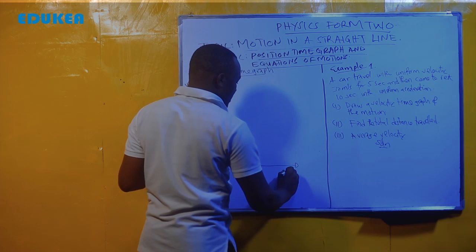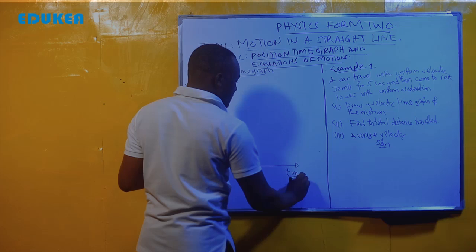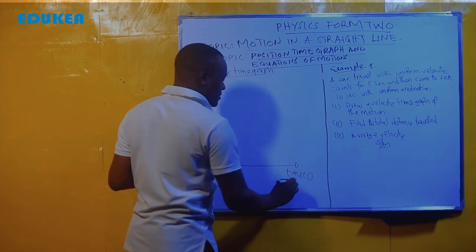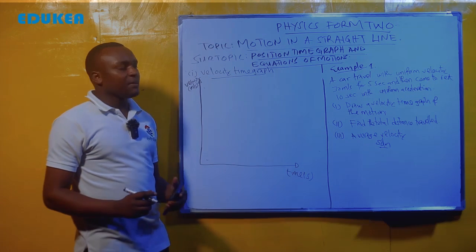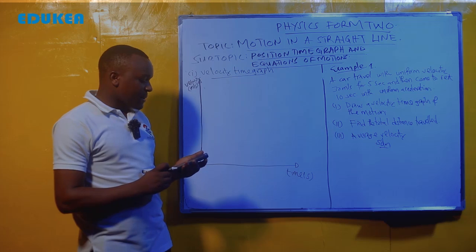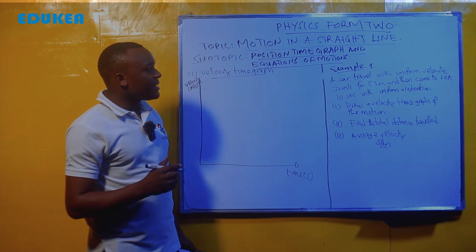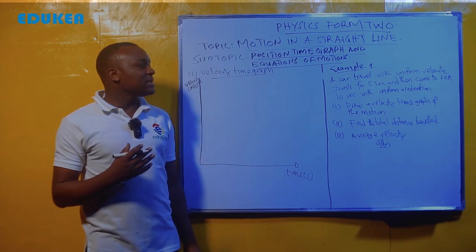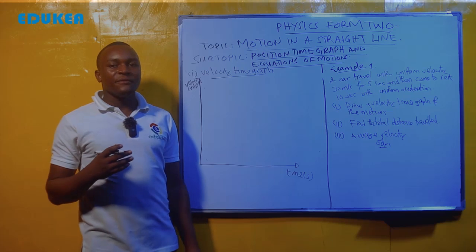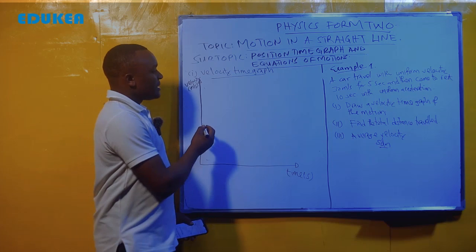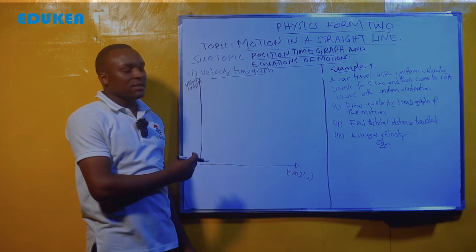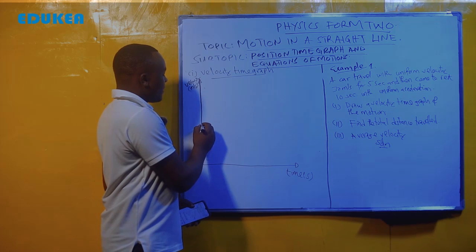That is step number 1. But step number 2, you are being given a car which is at a uniform velocity. It does not start at rest, but it has some velocity which is uniform, and it was 30 meters per second.